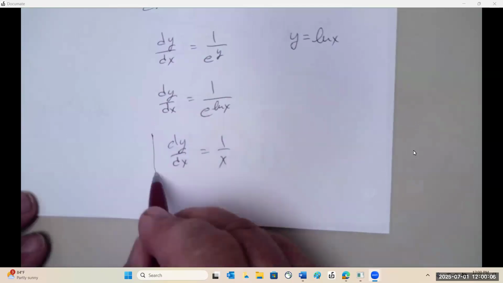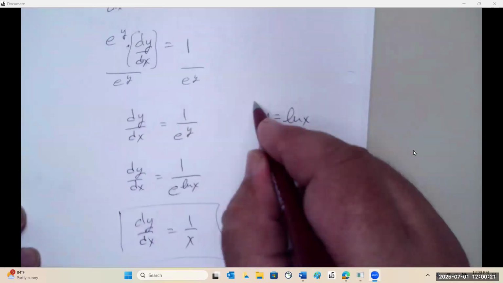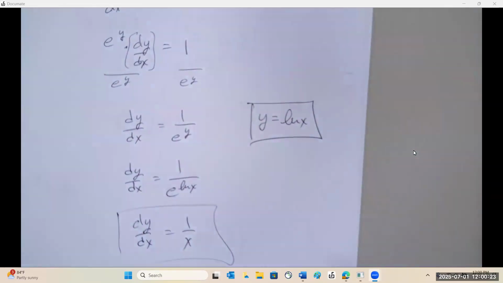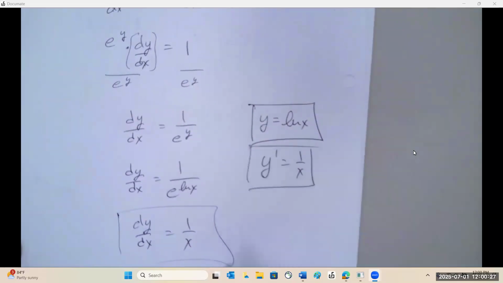Same thing. So we can go either direction we want to. So this was the whole thing we used to find the derivative of ln x.